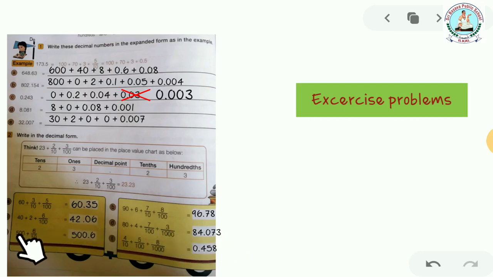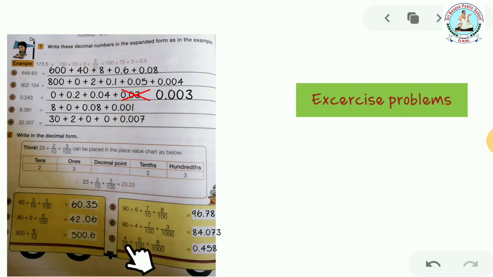Next, it is whole part 500, and 6 is present in tens place, so we write like this. 4 divided by 10, 5 divided by 100, 8 divided by 1000, all these numbers show that these digits are present in decimal part, because there is no whole part is present here, so that is why we write 0 in place of whole part.